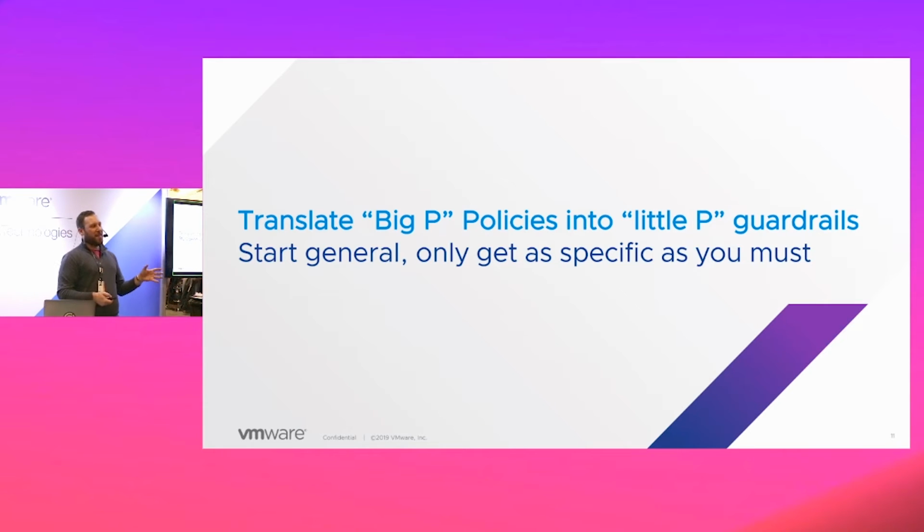The other key part of that is that you have to start general and only get as specific as you have to. If you start very specific, you get a lot of disconnected, disjointed, one-off type checks that you have to look at. As opposed to if you start general and work towards the specific, you can reuse a lot of the same steps and the same process for different projects, because in some you'll need to go deeper than others, but you're starting from the same base set.